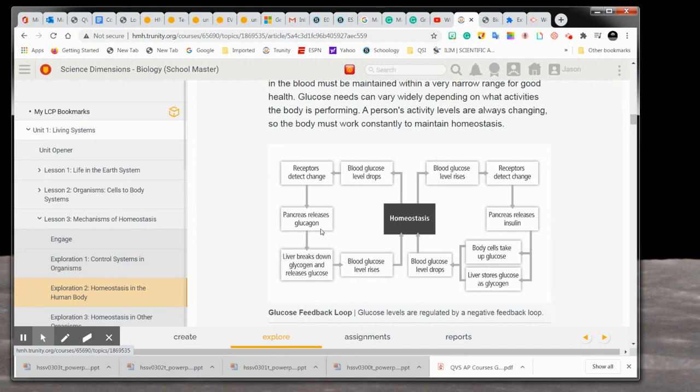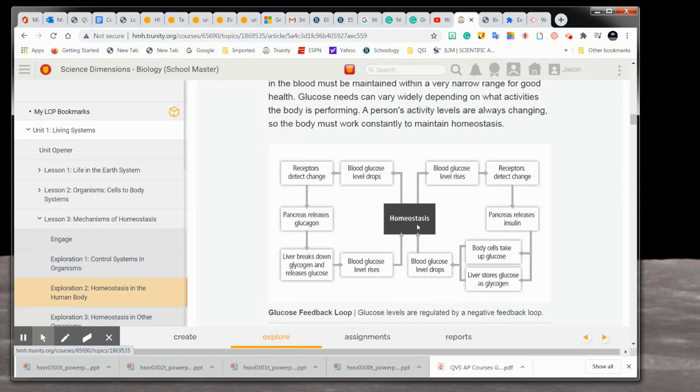Remember, glycogen is something we studied several times. That is a big polymer chain of glucose that's stored in the liver. So the pancreas tells the liver to release that into the bloodstream in the form of glucose. Once that happens, the blood glucose rises, and then you're back at a state of homeostasis.